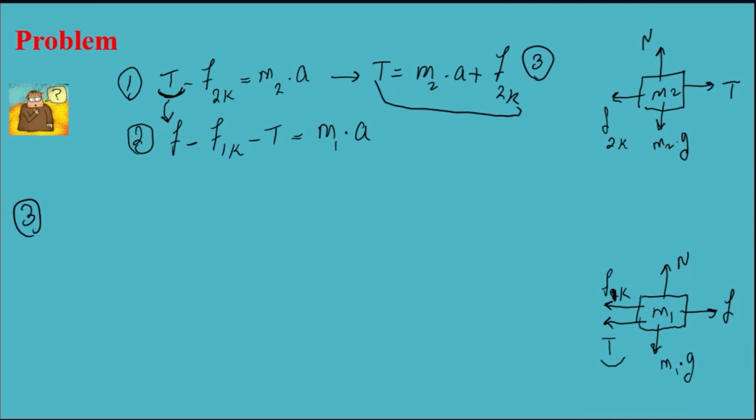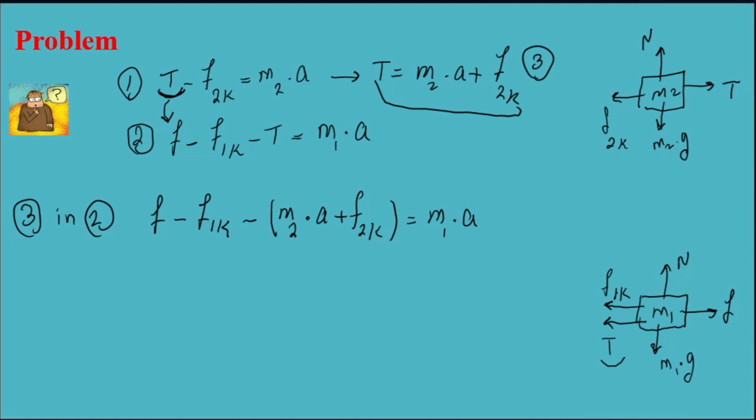So 3 in 2 is going to be F minus F1K minus M2 times A plus F2K equal to M1A, right?